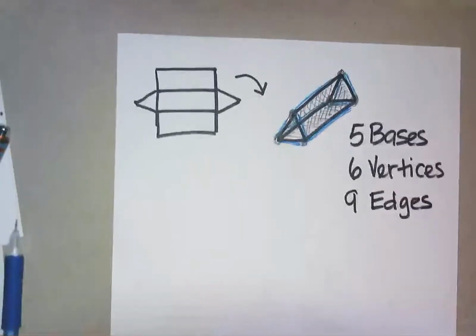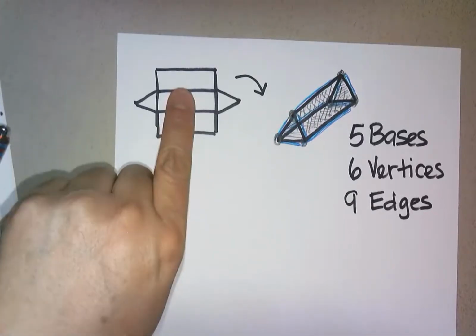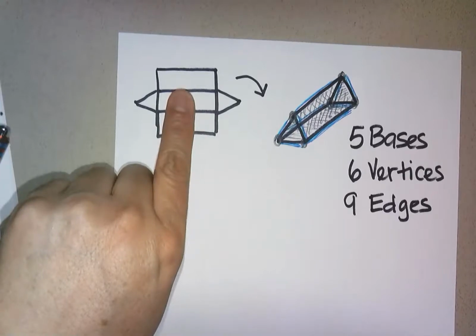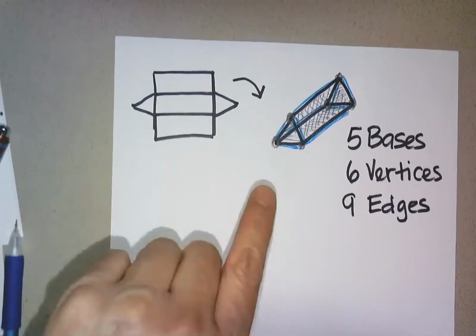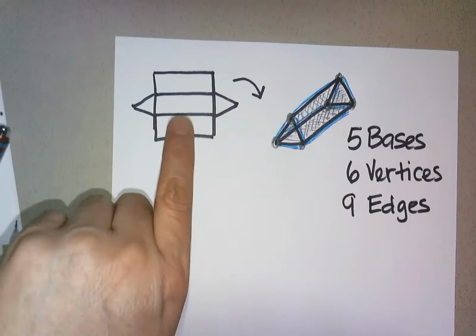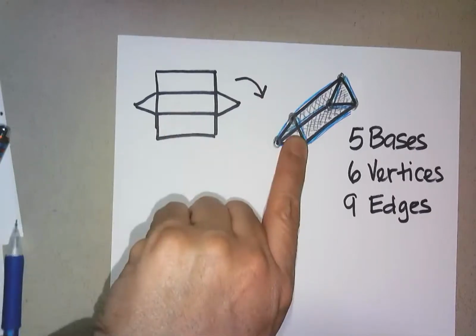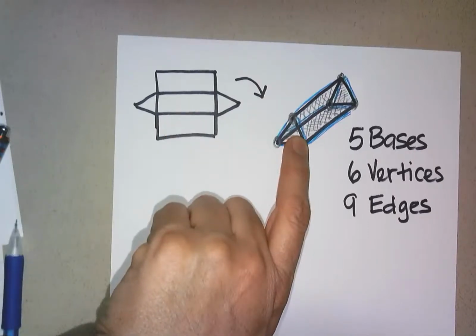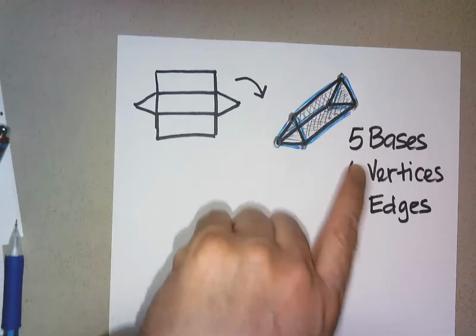And that's how we identify our bases, vertices, and edges from a net. So when you see your net, please draw your 3D shape that corresponds to it. Then you can find your bases, your vertices, and your edges.